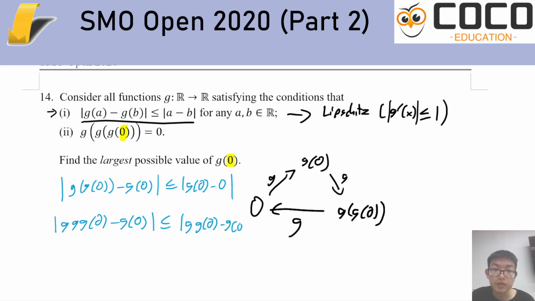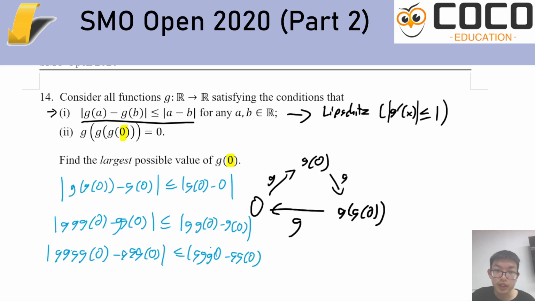I'm not going to write so many of these g's everywhere, but just to highlight that more and more g's can be topped up because g of 0 is 0. So I'm not actually doing anything wrong here by writing it like this. All these three things are going to be equal to each other.